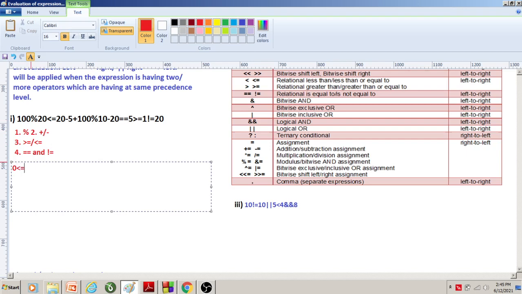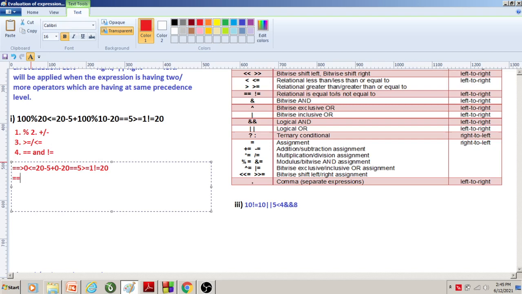So 0 less than or equal to 20 minus 5 plus 100 mod 10 equal to, again it's 0, and next we have minus 20, so equal to 5 greater than or equal to 1 not equal to 20. So this is the result of the evaluation of the modulus operator.